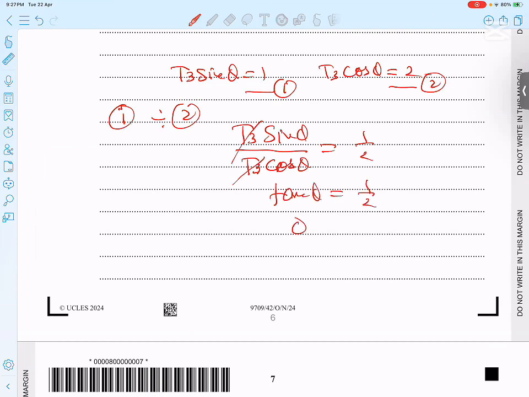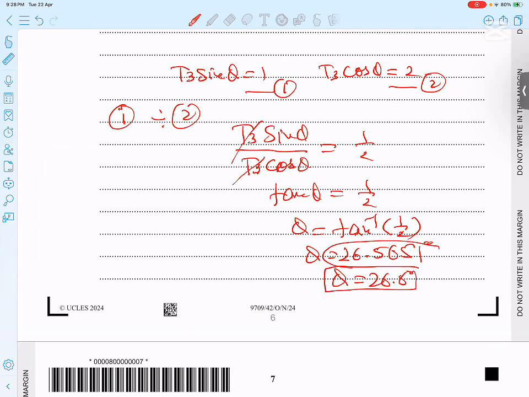So when I take the tan inverse of 1 over 2, tan inverse 0.5, we get 26.6 degrees, basically 26.5651. And the final answer is 26.6 degrees.